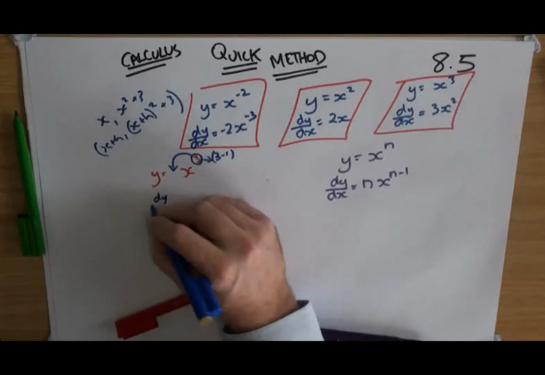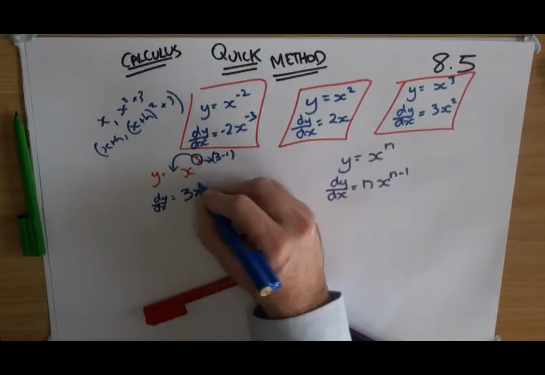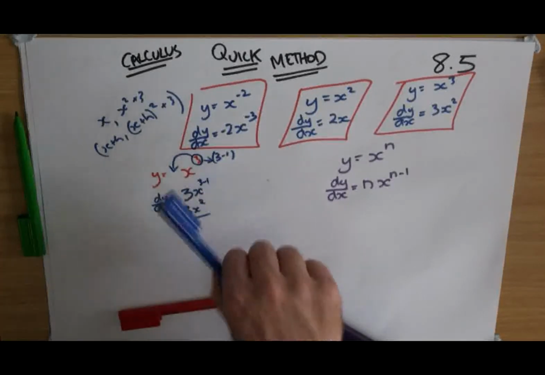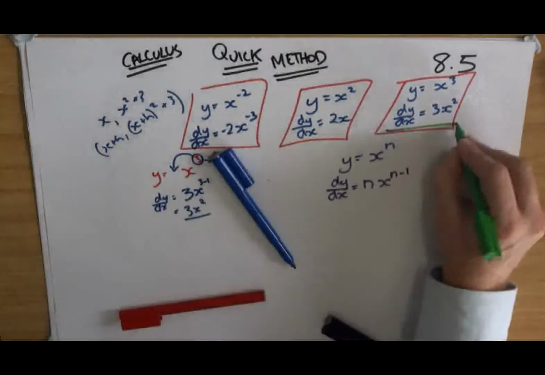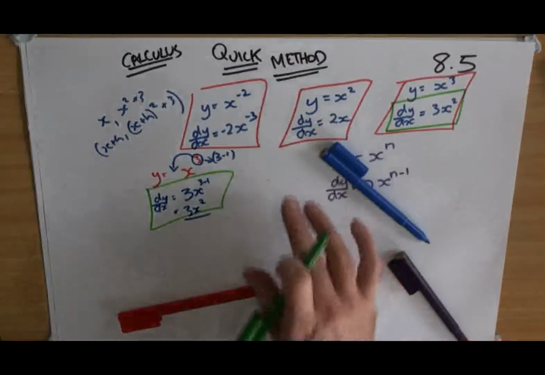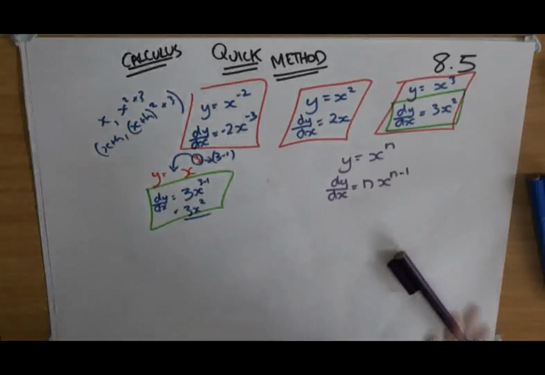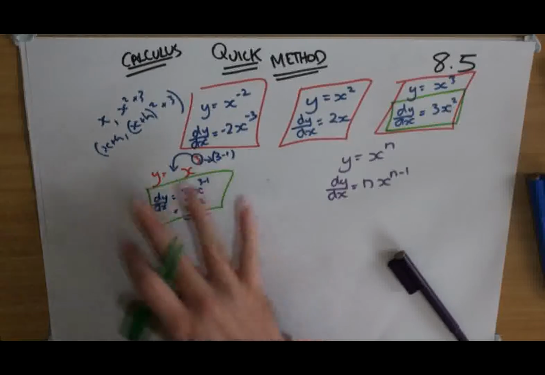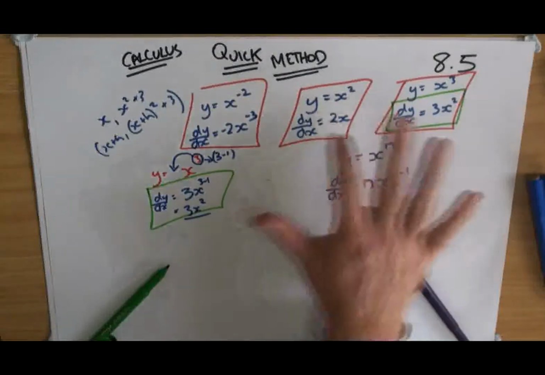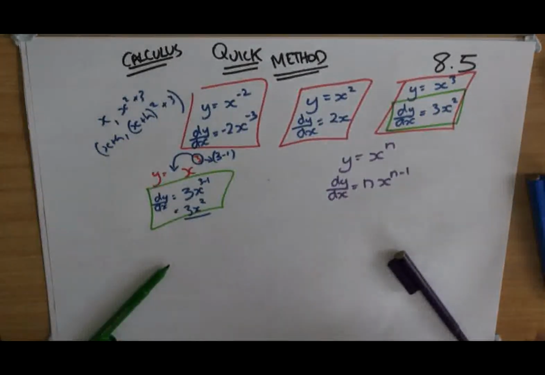So dy dx equals 3x to the 3 minus 1, or 3x squared. So the power comes down the front and reduces itself by 1. You can do this with anything. With any of these, they're all reduced by 1 and the original power goes down the front.